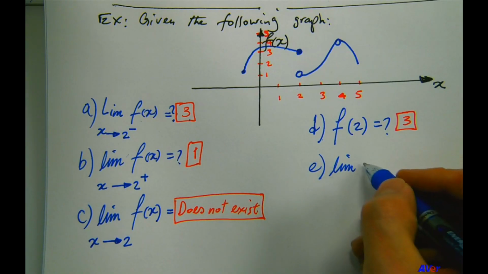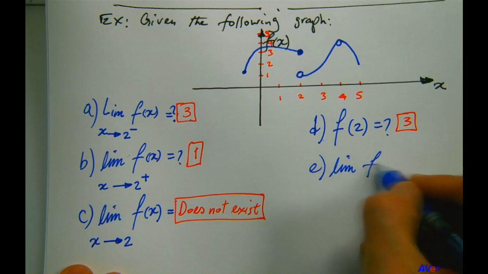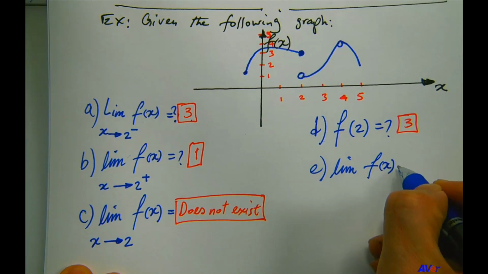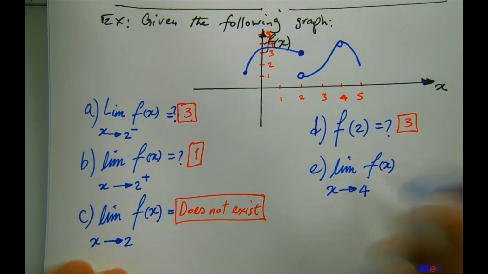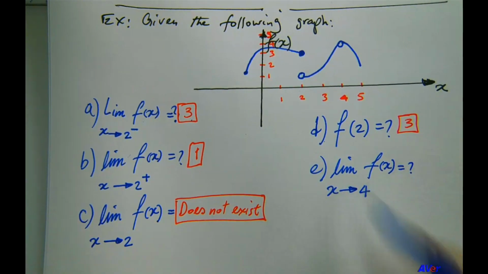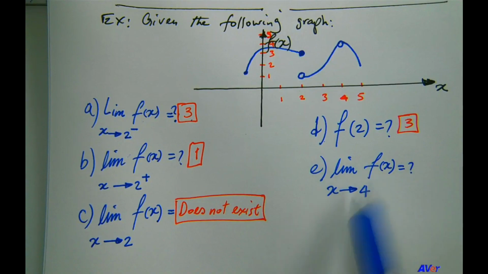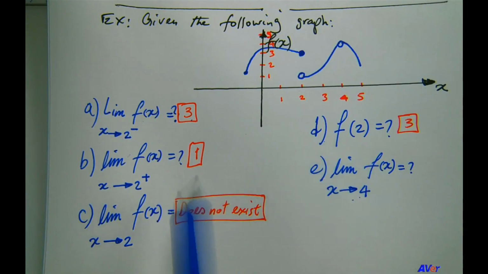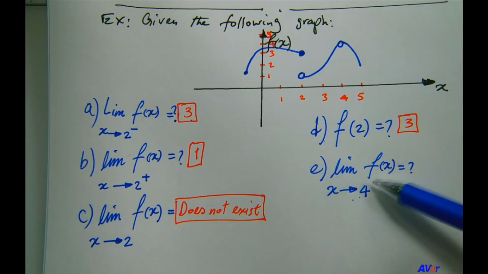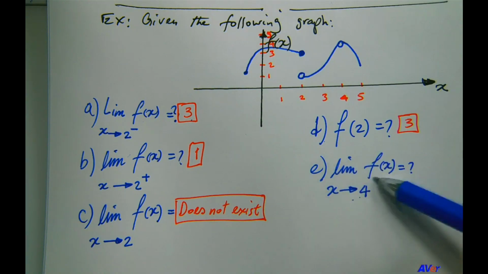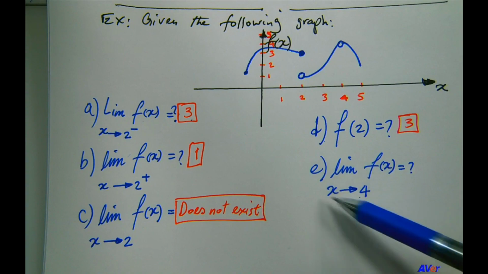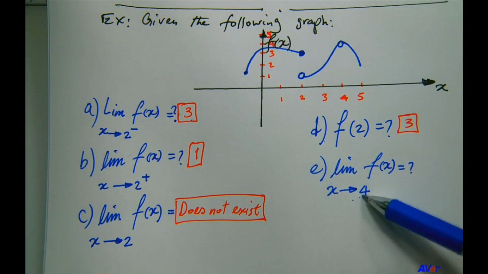Okay, so in this case, limit of the function as x approaches 4. That's the question for this one. See, there is no 4 negative or 4 positive, that symbol is missing. That means they want us to calculate the limit of the function as x approaches 4 from both sides.